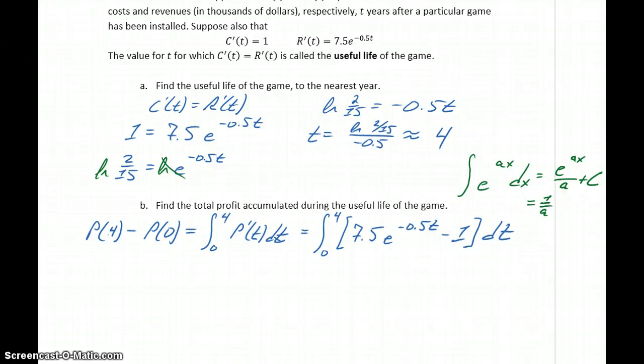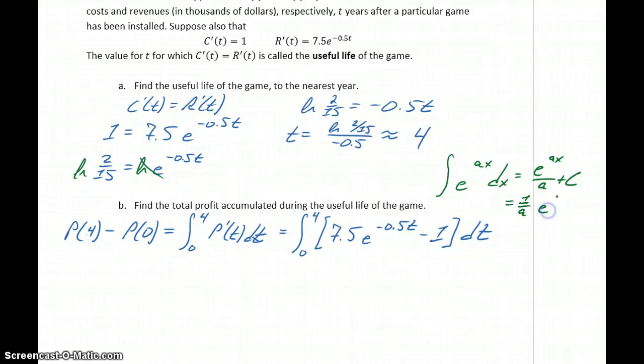Or rewriting that just a little bit, we could write it as 1 over a times e to the ax plus c. So given an integral like this, we can apply integration by substitution. That's fine if you don't want to memorize this shortcut, but it is a relatively easy trick.